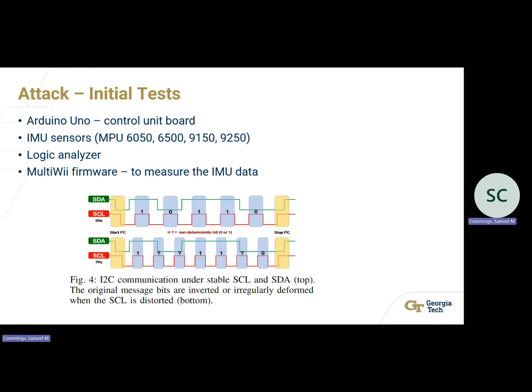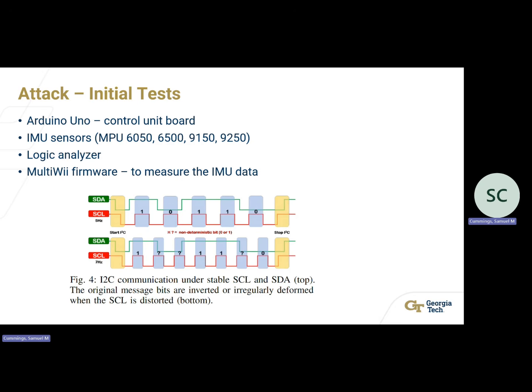The researchers conducted a bunch of initial tests to see how the communication reacted under certain circumstances. And I have listed the components that they used for the tests. But what's important here is that you see in the image below on the top, you have the normal I2C communication, with stable SCL and SDA.